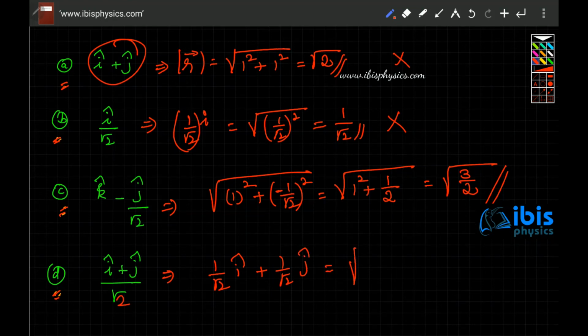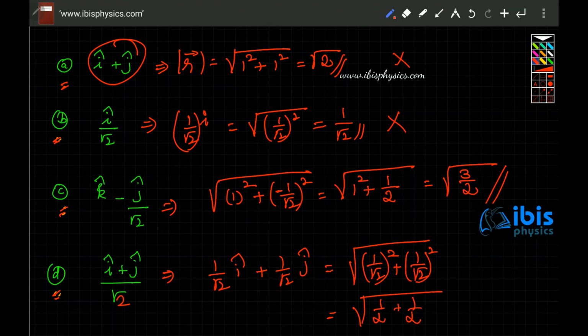Hence the magnitude is root over 1 by root 2 whole squared plus 1 by root 2 whole squared. This is equal to root over 1 by 2 plus 1 by 2, root over 1, which is 1. Hence the magnitude of i cap plus j cap by root 2 is 1, so this is a unit vector.